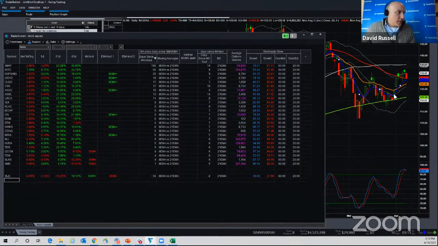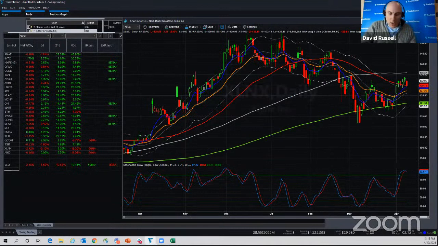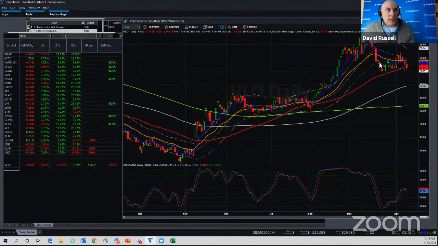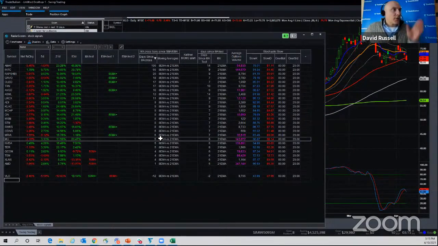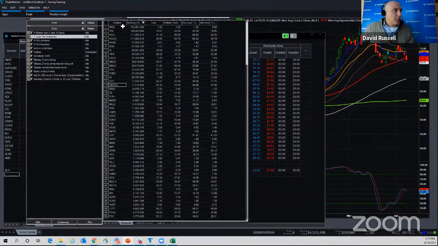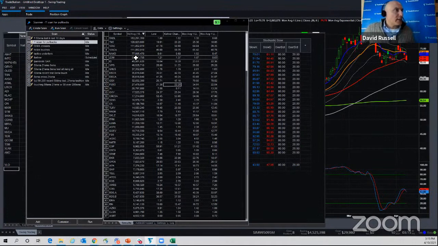This was one that's not. So this is a negative number, -12. If you look at something like VLO here, this one is negative, because it's under and it crossed to the downside 12 bars ago. That's what this is showing us. So we look here on the scanner. We can then find these stocks that have a positive.